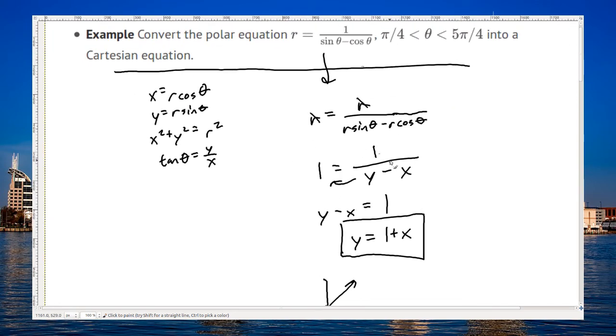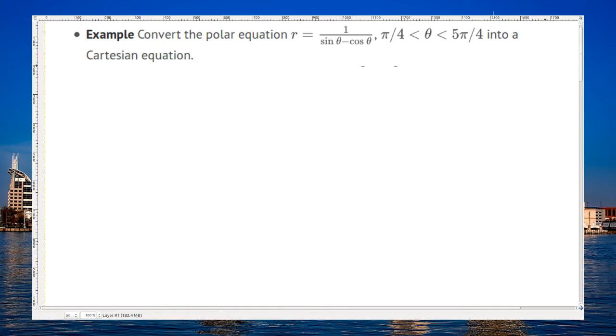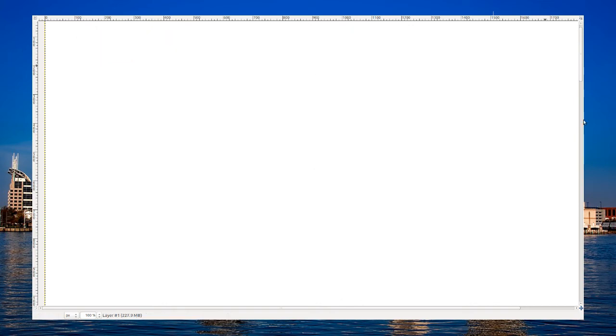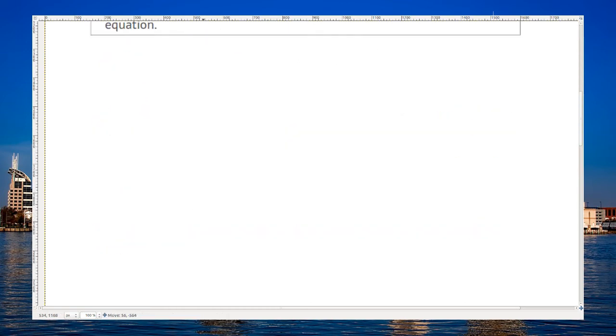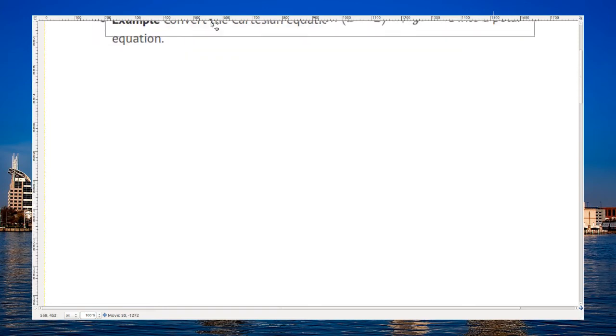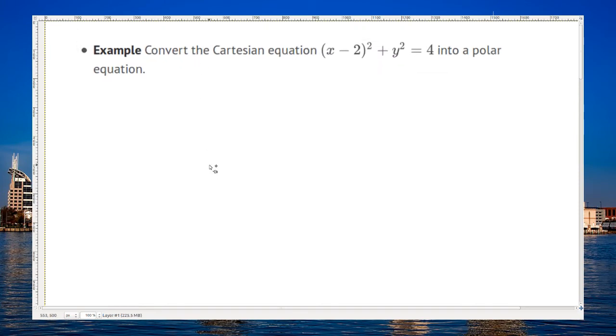Let's take a look at going the other direction. Maybe we have a Cartesian equation but it would be much better served to be expressed in terms of polar coordinates. And usually that involves things like circles or anything that's circular in nature. So here we have our example.